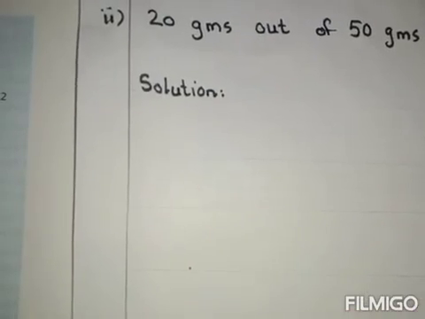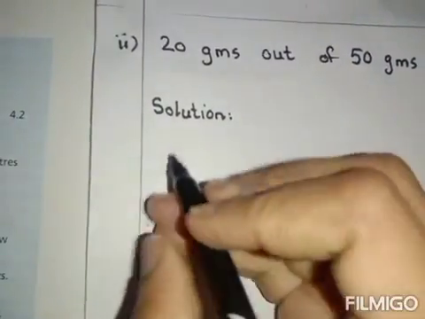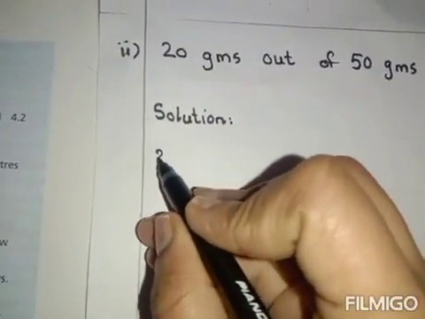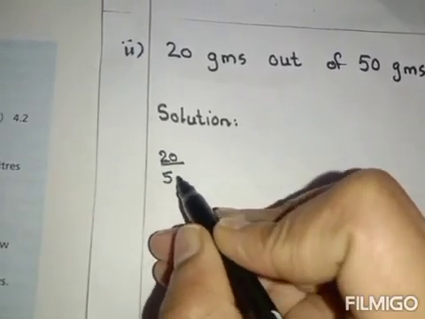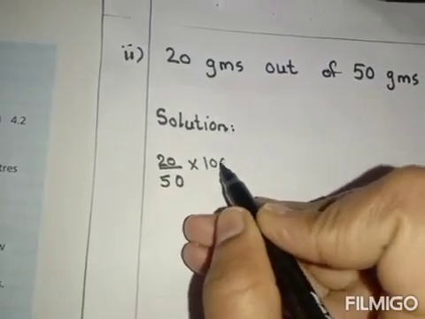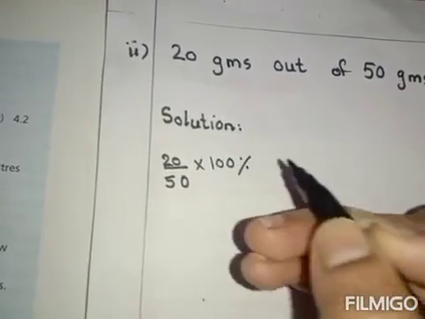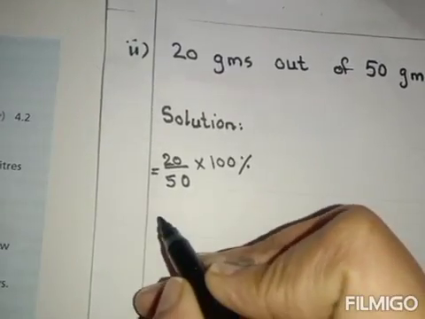Okay, number second is 20 grams out of 50 grams. It means we have 20 grams and the total grams were 50. Then we will multiply it by 100%. Through simple cutting we can solve it.